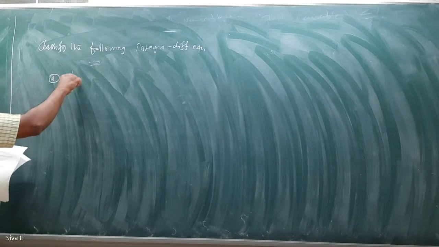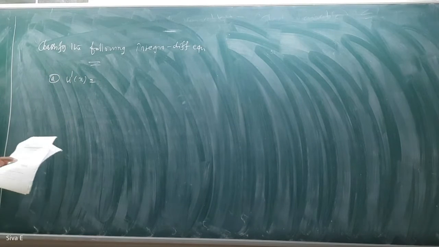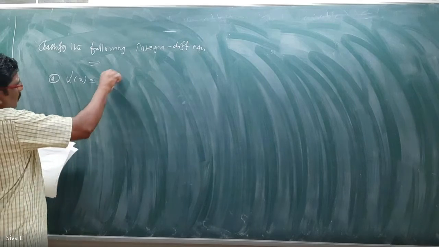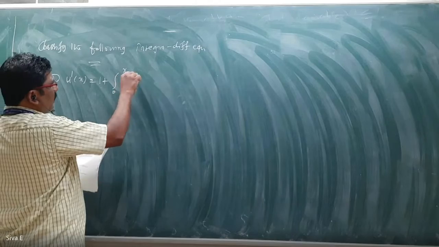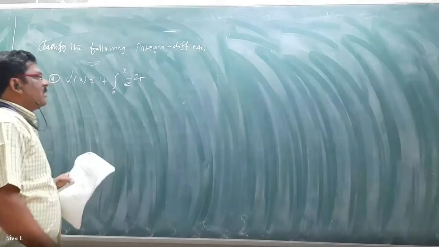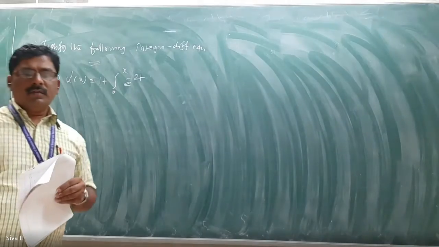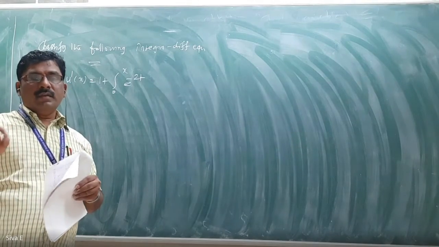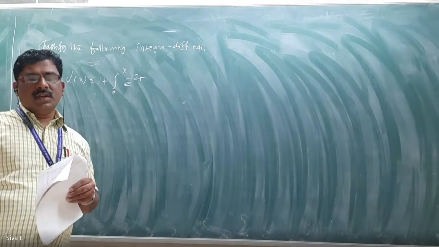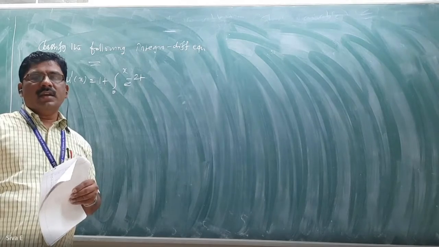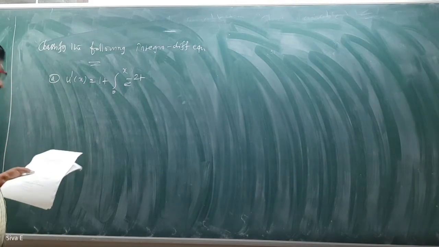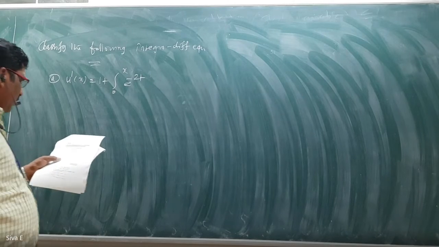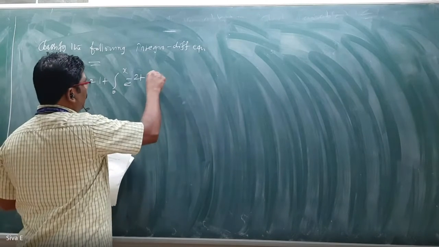A: u dash of x equals 1 plus integral 0 to x of e power minus 2t. See, don't write simply that it is a Volterra or Fredholm equation. You have to write everything: whether it is homogeneous or non-homogeneous, and whether it is linear or non-linear. Three things you have to write. B: u of x equals 1 plus integral 0 to x of e power minus 2t u cube t.